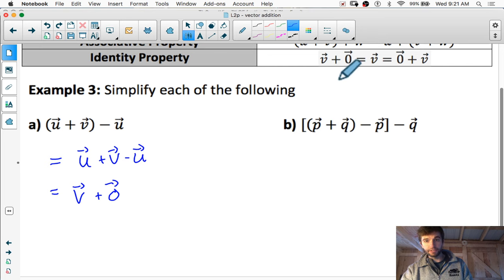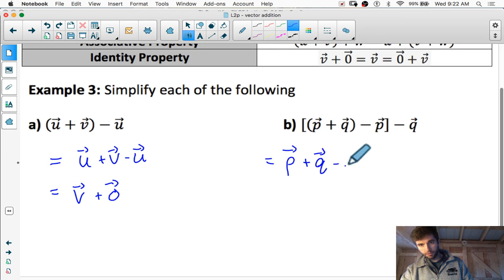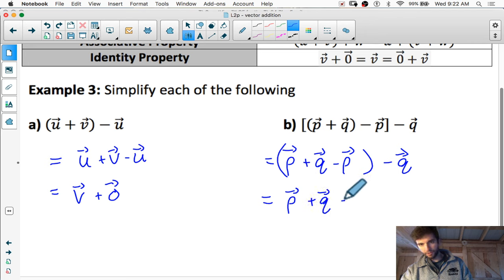And part B, we've got vector P plus vector Q minus vector P, and that, whatever that is, we need to subtract vector Q. And notice if I drop the brackets here, just like I would if I were working with normal numbers, vector P minus vector P is the zero vector, and vector Q minus vector Q is the zero vector.